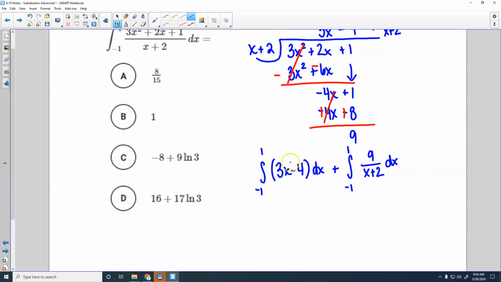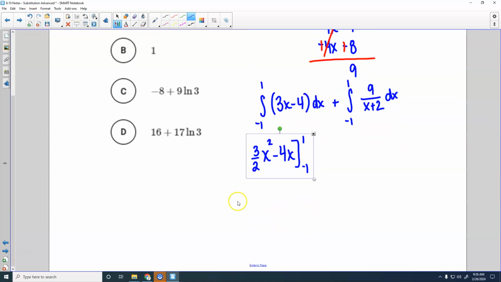So this part is much more simple. I'm going to have 3 halves x squared, dividing that 3 by the 2, minus 4x. I am evaluating that from negative 1 to 1. And so that would be 3 halves times 1 squared minus 4 times 1, minus 3 halves times negative 1 squared minus 4 times negative 1.